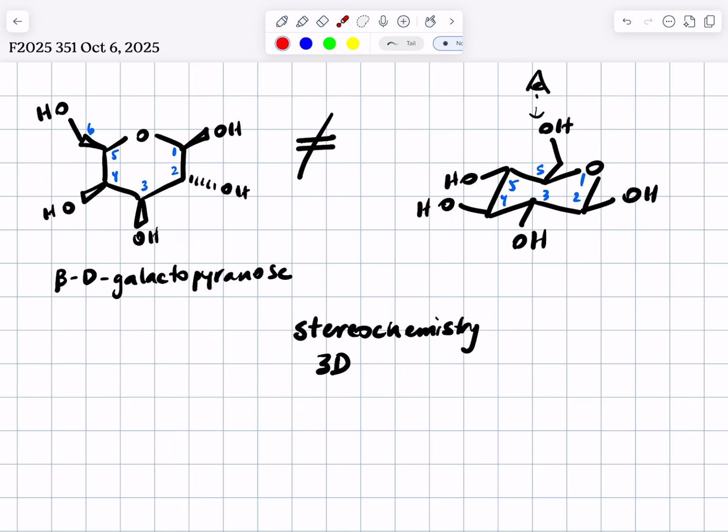From our overhead view, up positions are ones that point towards the hovering eyeball of doom. Or if you want to imagine this as the ring being the equator of a globe, then up is towards the North Pole. Okay? So this OH group is up, so is that one. All right?